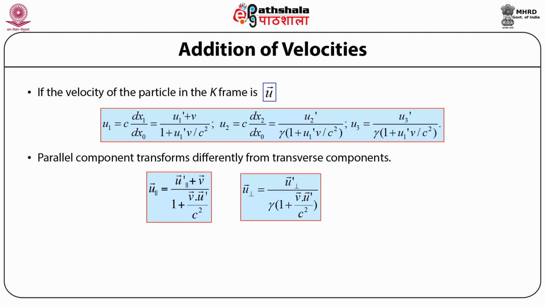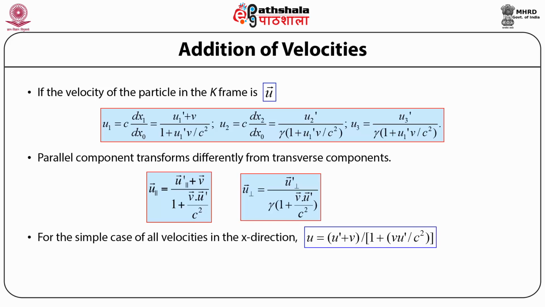If we denote the parallel component of the velocity with the symbol vector u parallel, then this is equal to vector u parallel prime plus vector v upon 1 plus dot product of vector v times vector u prime by c square. Vector u perpendicular is equal to vector u prime perpendicular upon gamma times bracket open 1 plus dot product of vector v with vector u prime by c square.